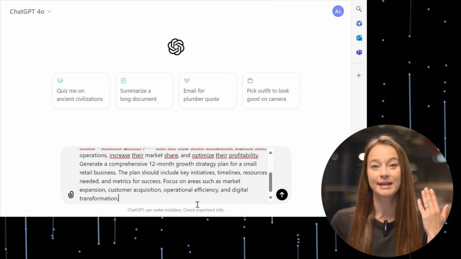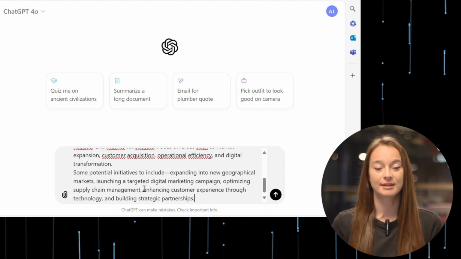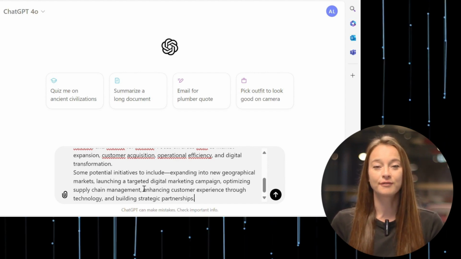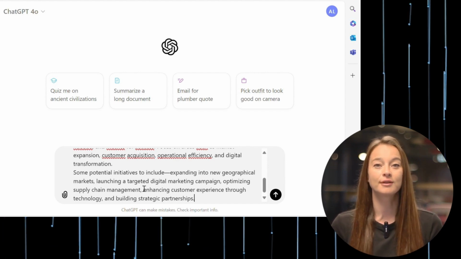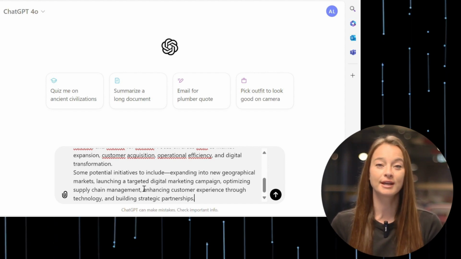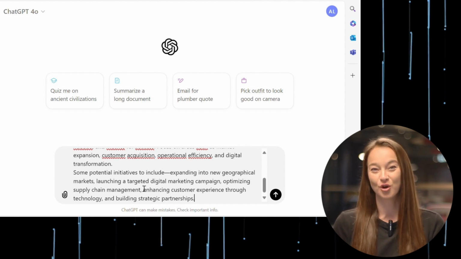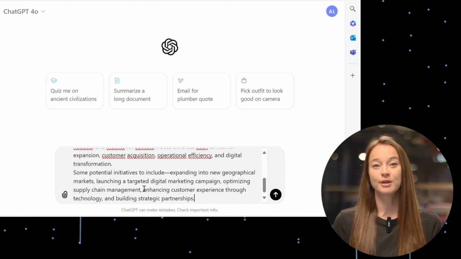Now let's add an example. Some potential initiatives to include are expanding into new geographical markets, launching a targeted digital marketing campaign, optimizing supply chain management, enhancing customer experience through technology, and building strategic partnerships.